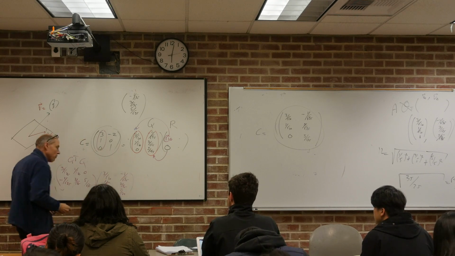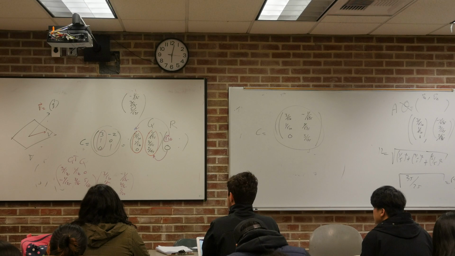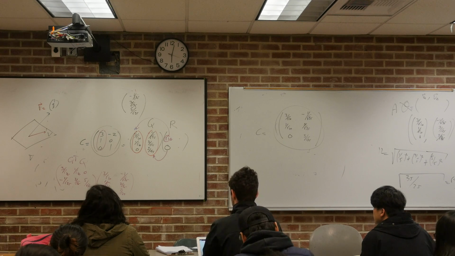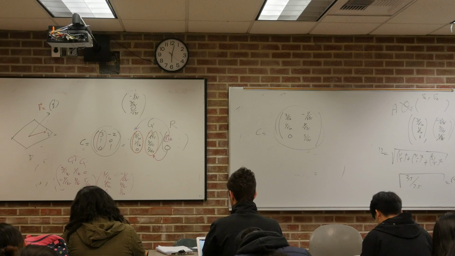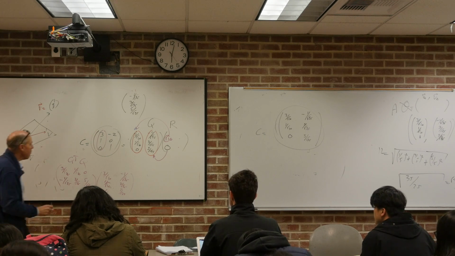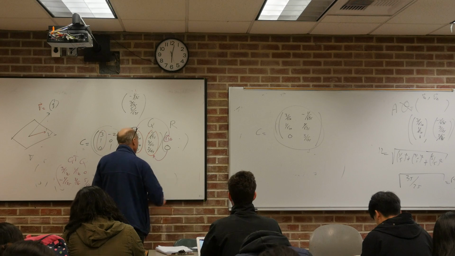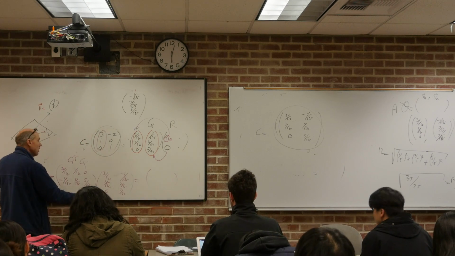The bottom right is the magnitude of W perp, and the top right is the scalar to turn U1 into W2 parallel. But watch what happens when I do Q transpose times Q.